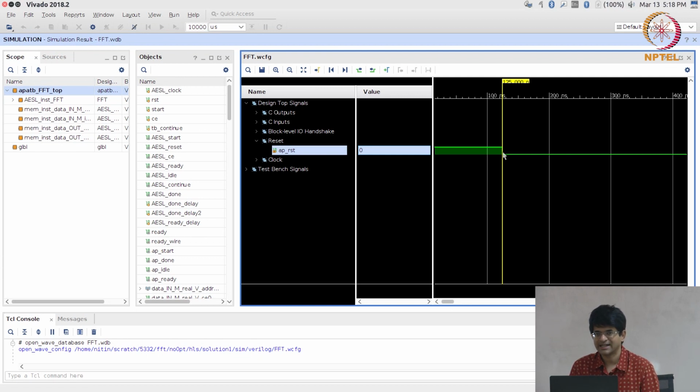Okay. This is an active high reset, so during the time that it is high, the module that you generated is being reset. Why is it for 100 nanoseconds? That's just some standard that they use. Okay. They want to make sure that if there is some kind of a synchronous reset that requires multiple clock cycles, everything will get reset properly. Again, you don't need to worry about this.